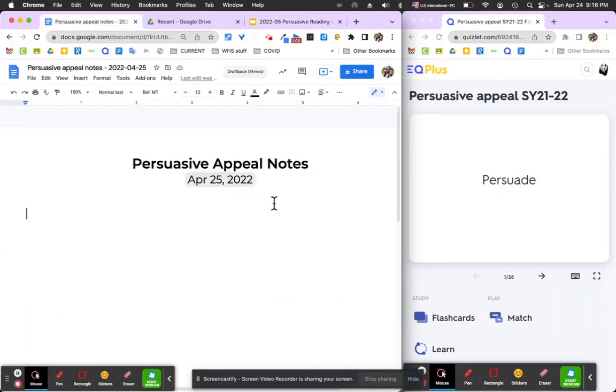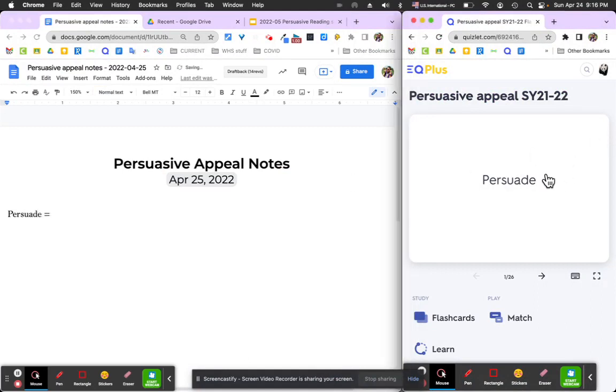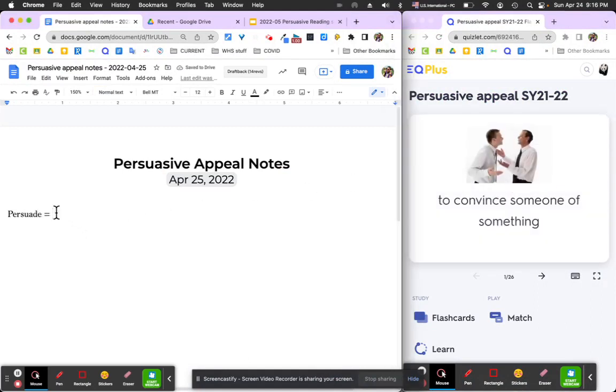Persuade. When we try to persuade someone, we are trying to convince someone of something, right? Basically, I want to persuade you to do something. I want to talk with someone so that he or she will agree with you, right?